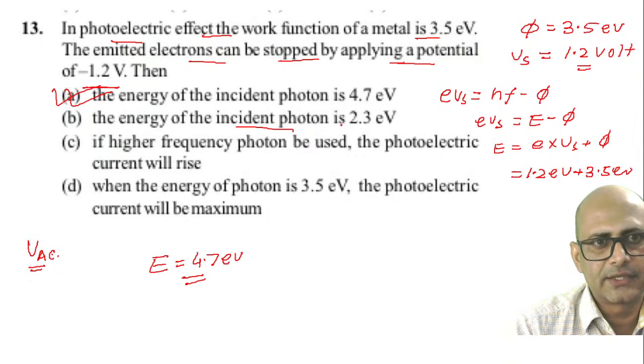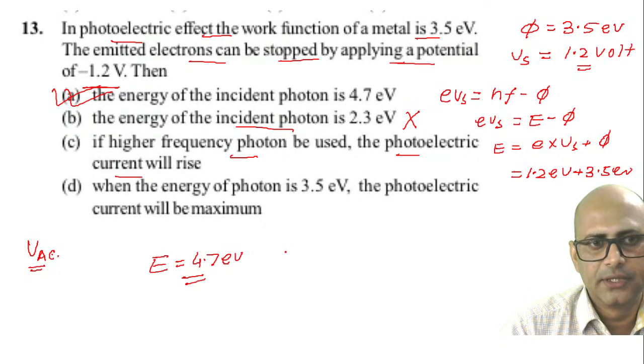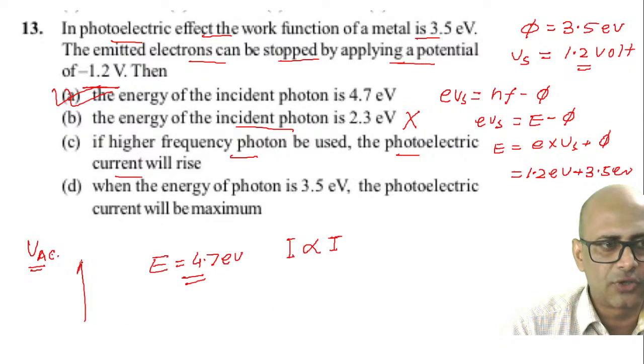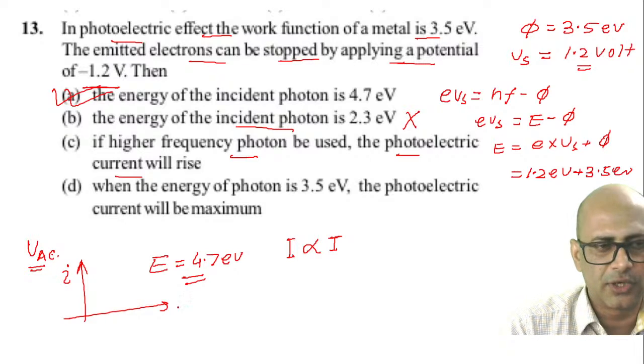And obviously the option saying that for a higher frequency photon the photoelectric current will increase is wrong, because the photoelectric current is proportional to the intensity of the light. You must have read this concept that the intensity and photo current, the saturation current, are proportional.